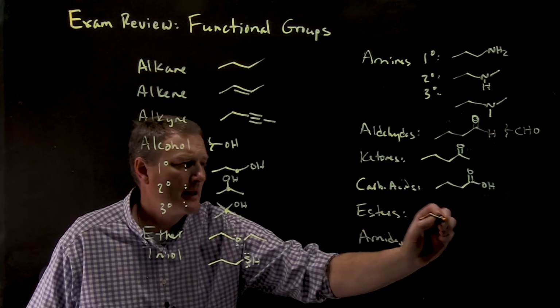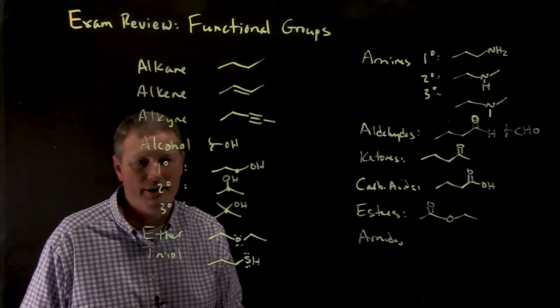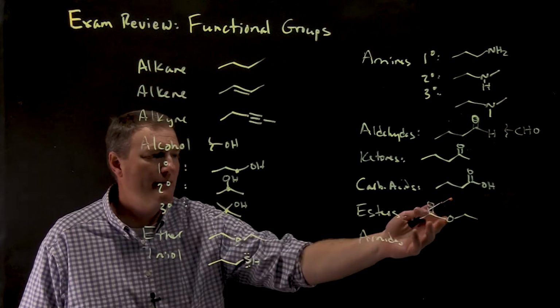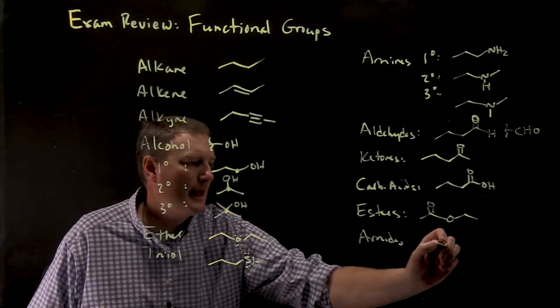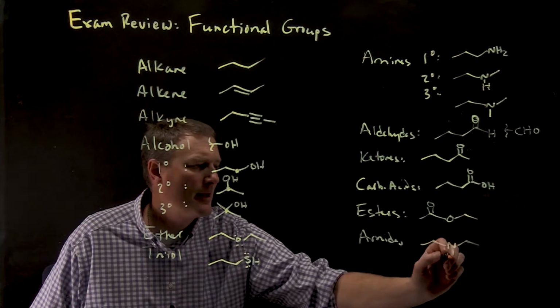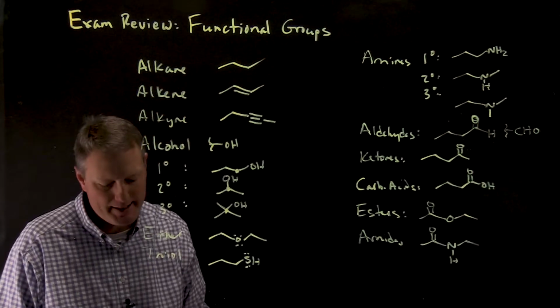An ester is formed when you take a carboxylic acid and you add an alcohol to it. So in this case, we'd have, say, ethyl acetate. This is now an ester functional group. An amide is similar to that, but it's formed when you take a carboxylic acid and add an amine.